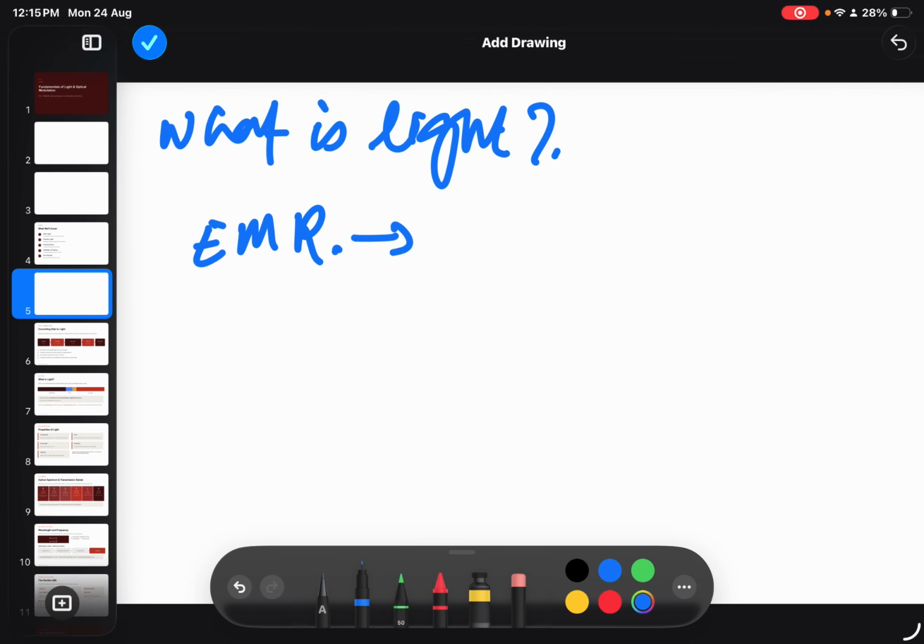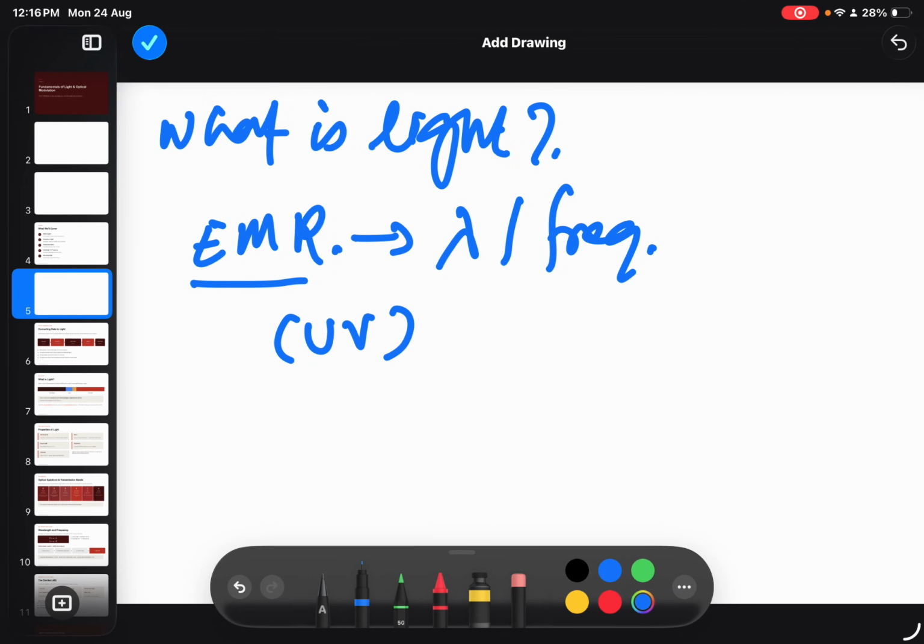Now this has a particular wavelength or frequency of a particular range. Okay, so in the electromagnetic spectrum that we have, this can be your ultraviolet region, or it can be your IR region.